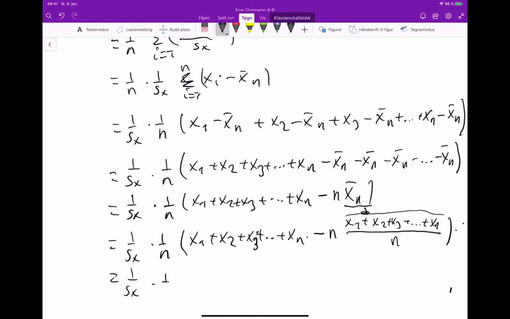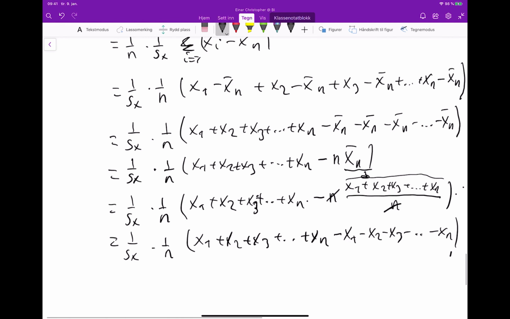That's because we get now x1 plus x2 plus x3 plus dot dot dot plus xn, and we can see that n can cancel out with n in that way, and then we have minus in front of this last term here, so we get minus x1 minus x2 minus x3 minus dot dot dot minus xn.